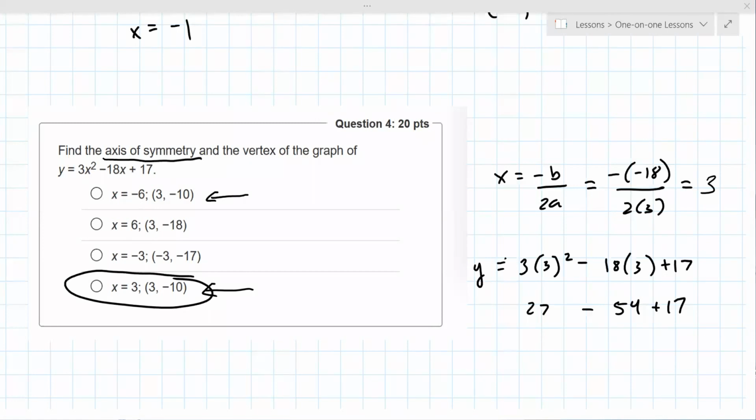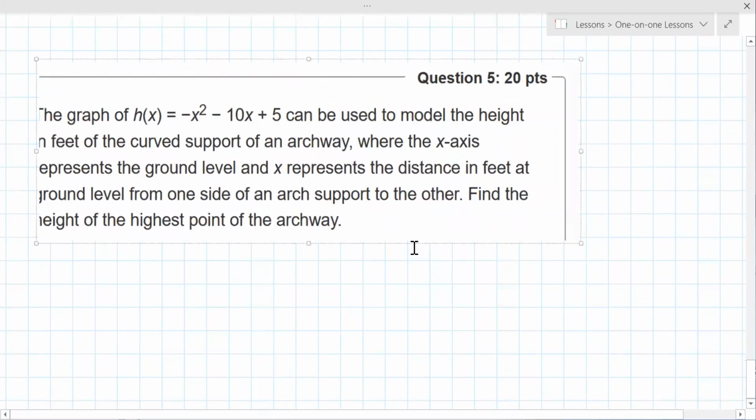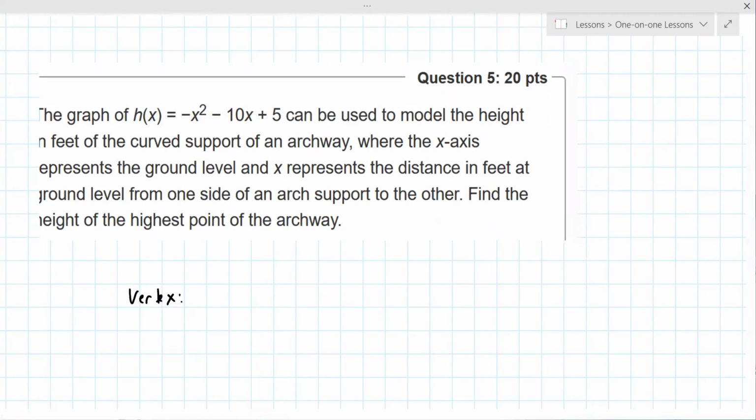All right, so we're going to look at the last question here. It actually has a lot of words that really aren't that important for what you're trying to do. The shortcut here is I need you to find the vertex. So just find the vertex of this, and we'll have our correct answer.